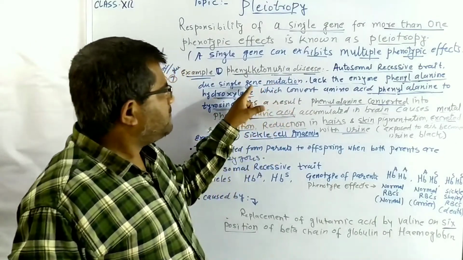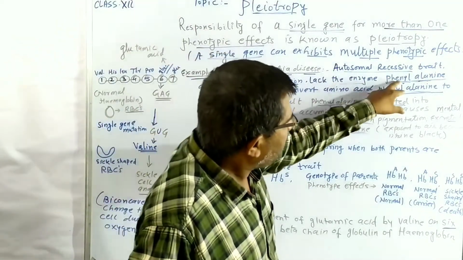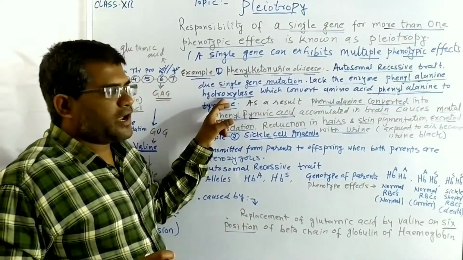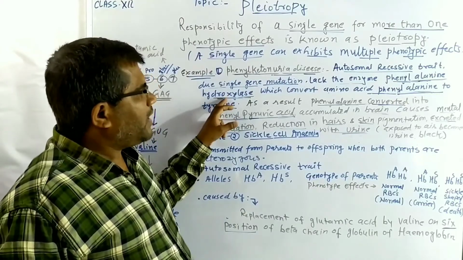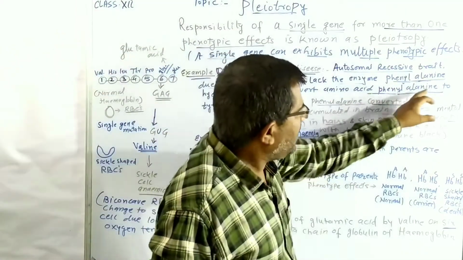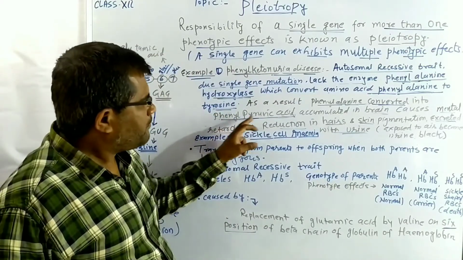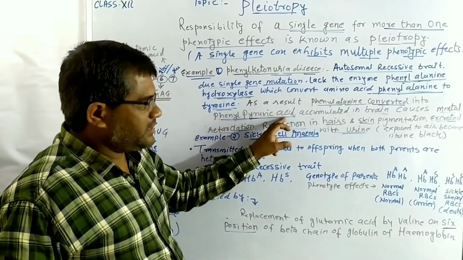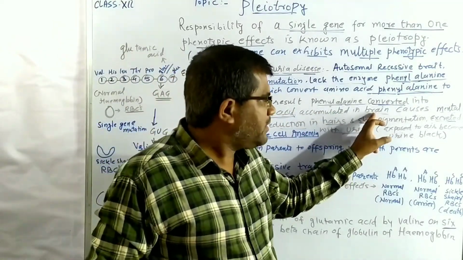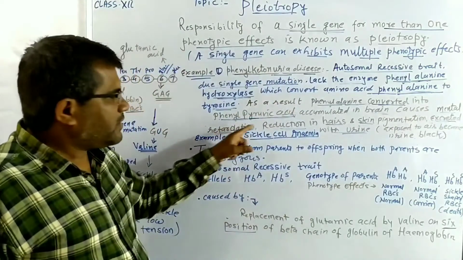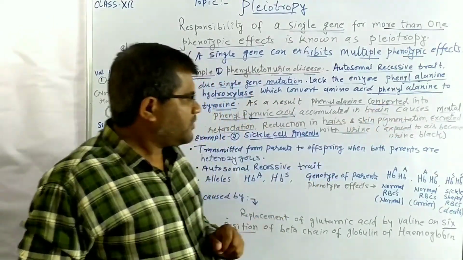A lack of phenylalanine hydroxylase is secreted, so phenylalanine, instead of changing to tyrosine, changes into phenylpyruvic acid, which accumulates in the brain and causes mental retardation and reduction in hair and skin pigmentation.